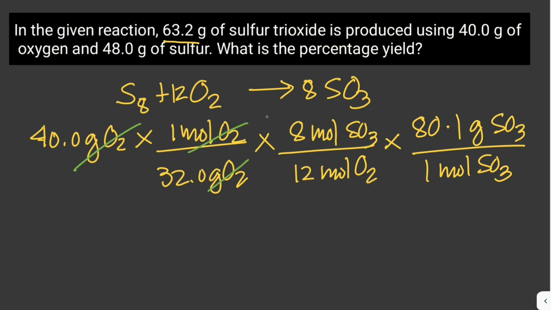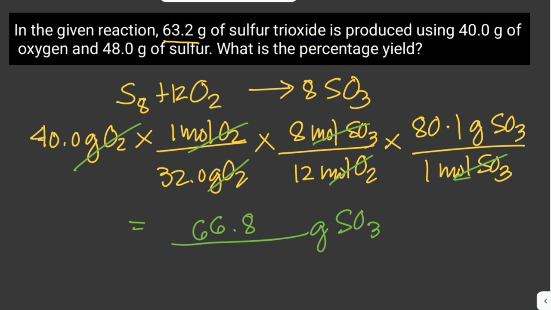Grams cancel out, number of moles cancel out. Then we're left with grams SO3, which is the expected value or the theoretical yield. This gives us a value equivalent to 66.8 grams of sulfur trioxide.